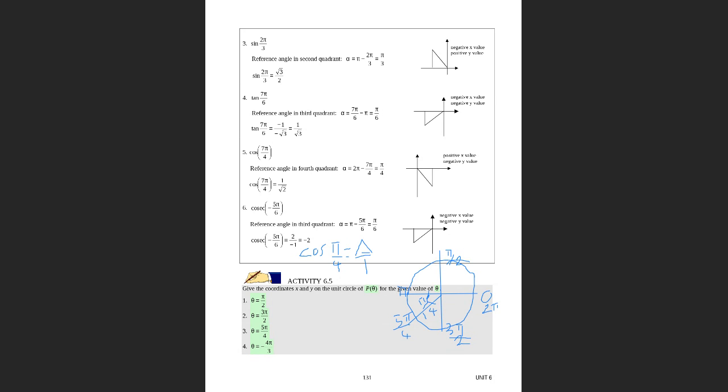Then if you want to find the y component, you can use sine pi over 4 equals opposite over 1. Then you can find the y component. Can you see that? Yeah. So that's how you can find the coordinates x and y, using the reference angle. Yes, you must use the reference angle.